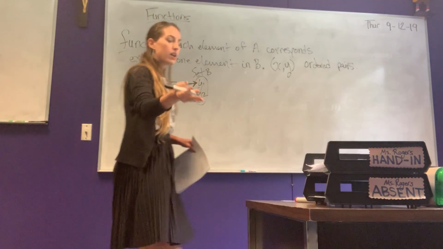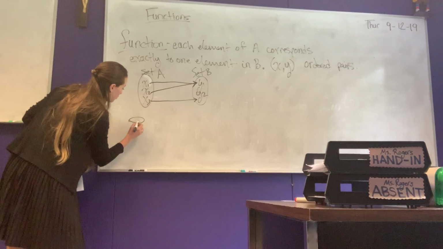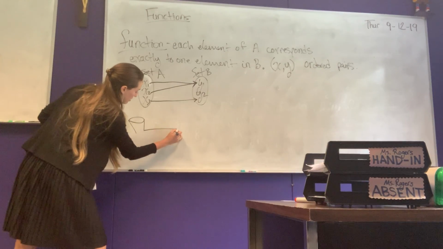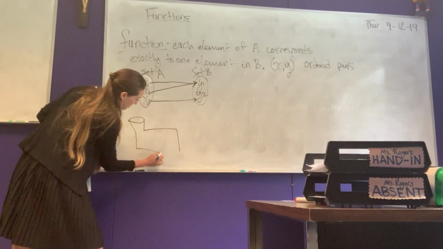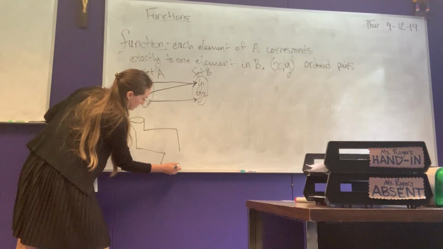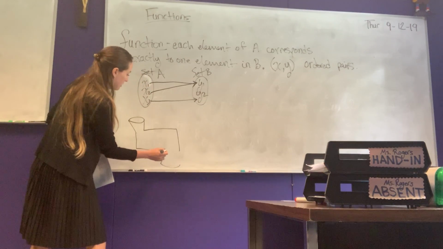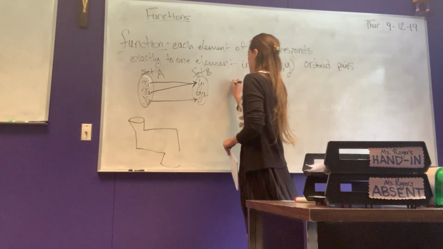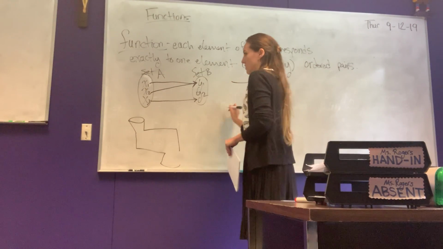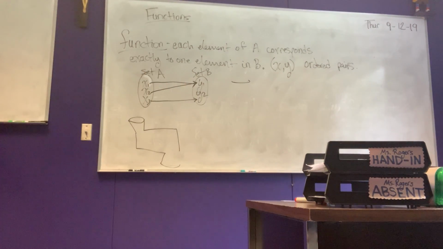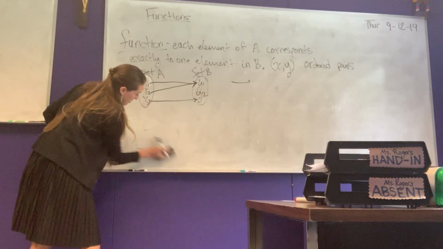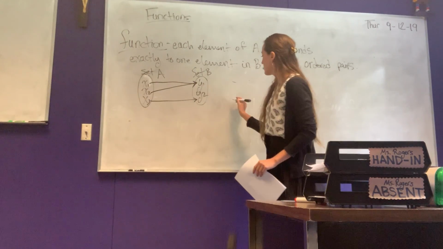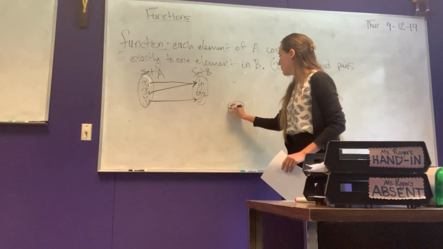What does this look like with that cool function machine? Let's draw. We're running out of space, so I'm going to do it over here. You can draw yourselves a little funky function machine.